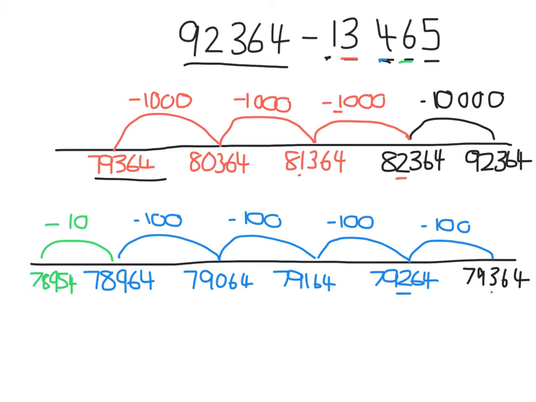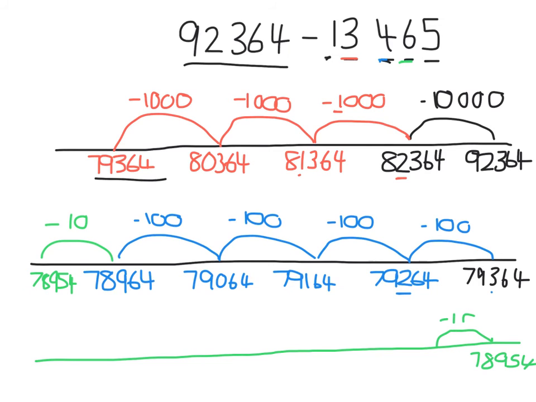Now I've run out of room again, so I'm just going to move this down here. Alright, so 78,954, and I'm going to take away 10, which will be 78,944. Take away another 10, so I've done 3 tens.